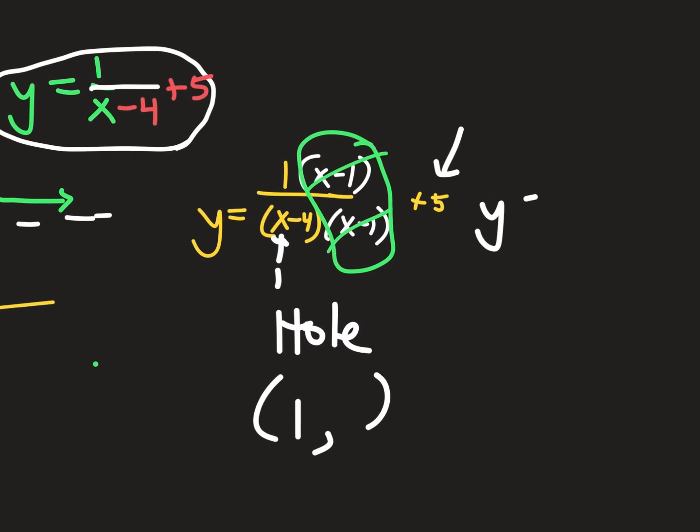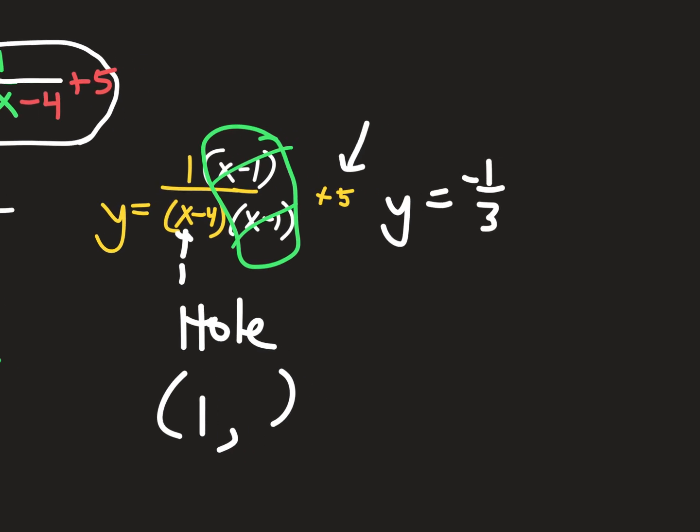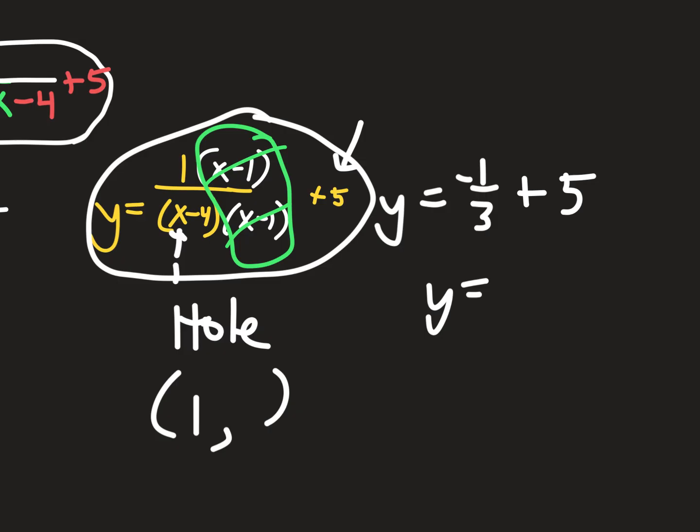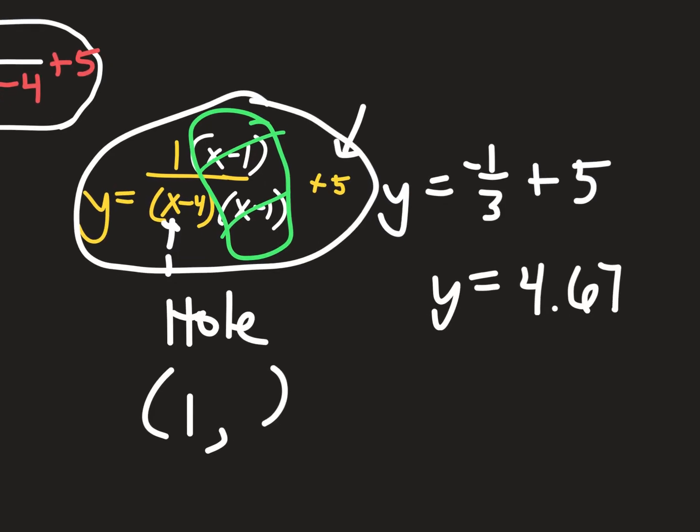And that would be 1 over negative 3, so negative 1/3 plus 5. All I'm doing is simplifying this down. And that would be, it's like 5 minus 1/3, which would be 4 2/3. 4.67, I'm rounding here. So this is 4 2/3.